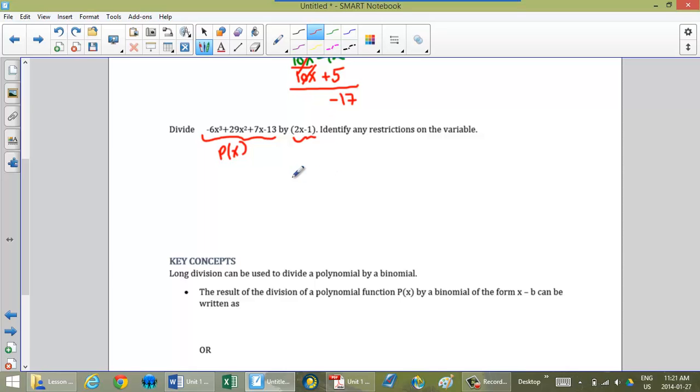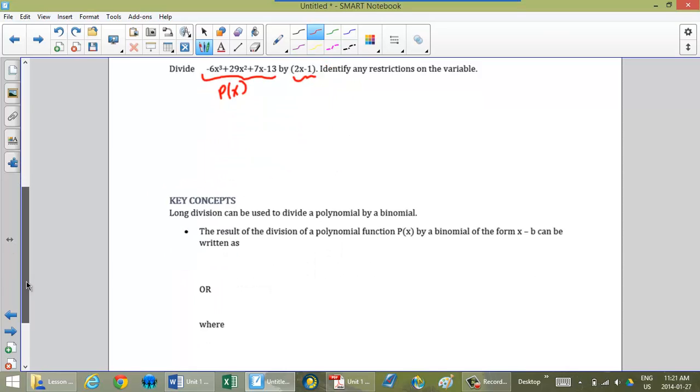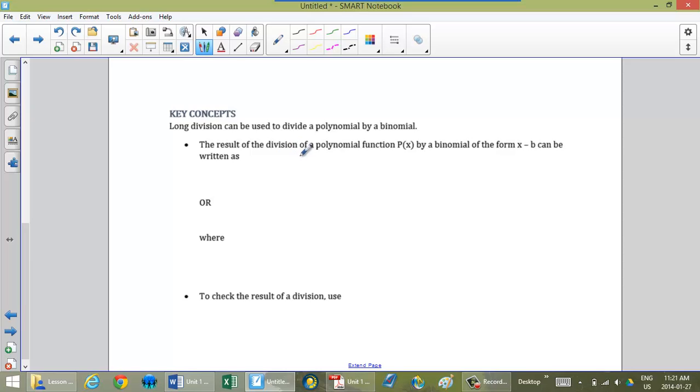Now let's think about the key concepts that we've learned today. So we can say that the result of the division of a polynomial p of x by a binomial of the form x minus b can be written as p of x will equal x minus b, times the quotient q of x plus a remainder r.